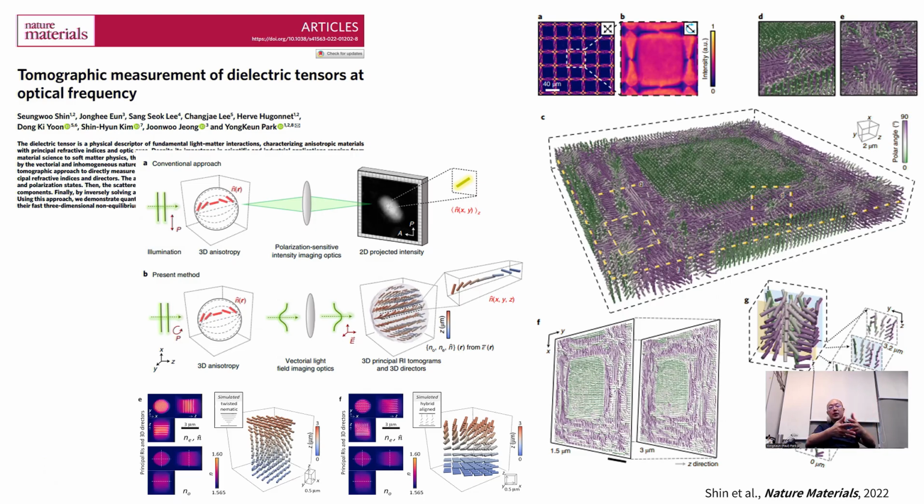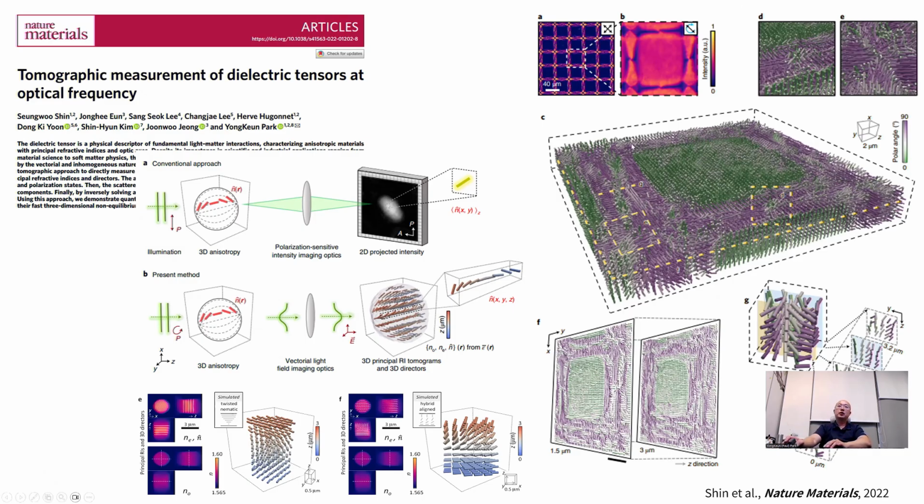So we looked up the literature and realized that there are no theoretical and experimental demonstrations of measuring the three-dimensional distribution of the dielectric tensor. So we started from the theoretical development, and we were also able to demonstrate that this technique can actually measure the three-dimensional distribution of the dielectric tensor, which is dielectric tensor tomography in the optical domain.